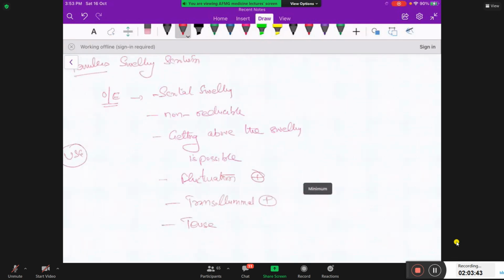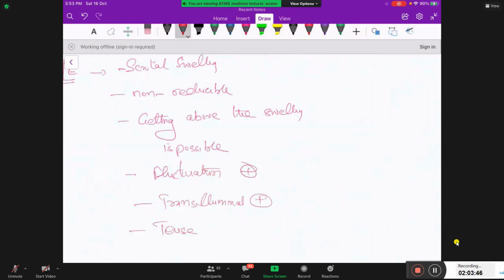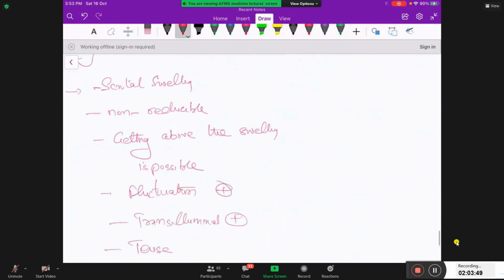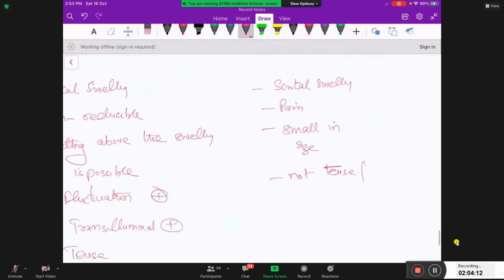Okay. Now, how is it going to be different from a secondary hydrocele? What is the difference in secondary? A patient of a secondary hydrocele again has a scrotal swelling, but here the patient will have pain, and the swelling will be small in size, not tense, lax, as if the water in the balloon is not completely filled.